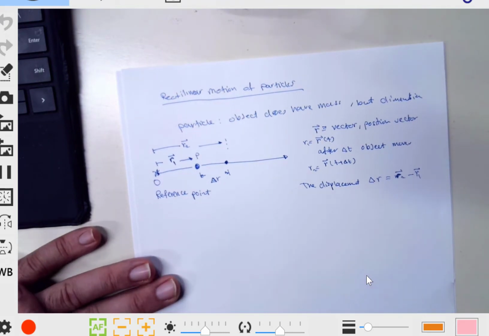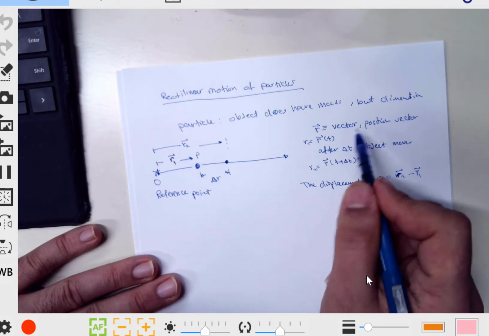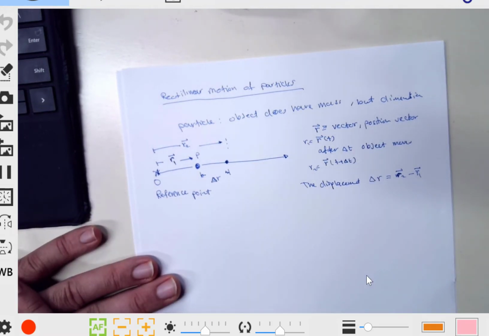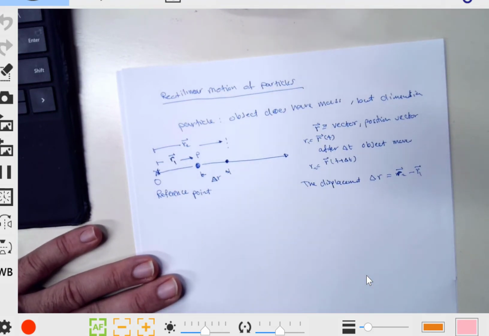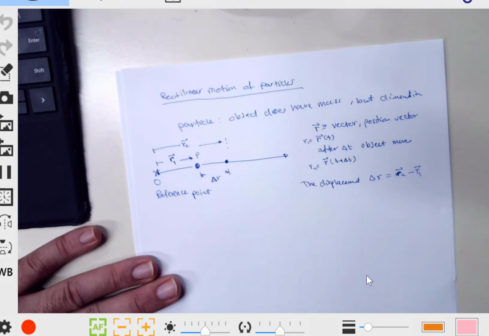Now, since we are dealing with one line, and knowing that a vector has three components in Cartesian, and because this is one line, we are not really concerned with other components. We're only concerned with one component, which is the direction along that line.